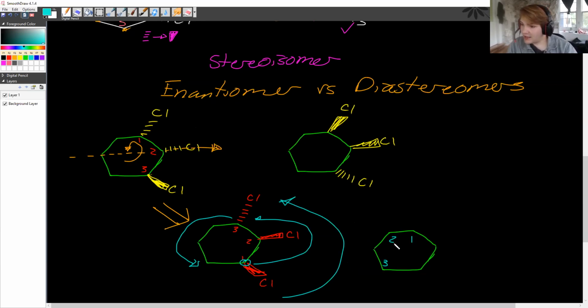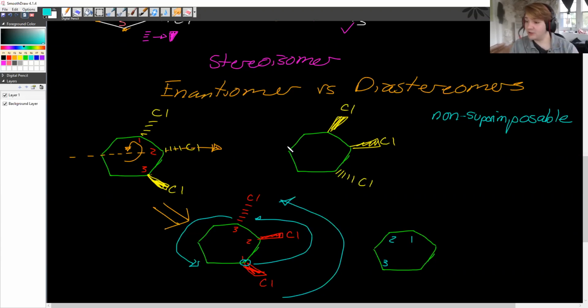So if you have two molecules that are non-superimposable, this is what brings up the definition of a stereoisomer.